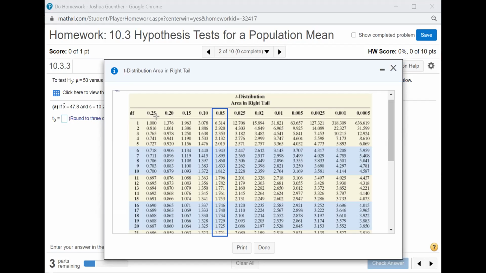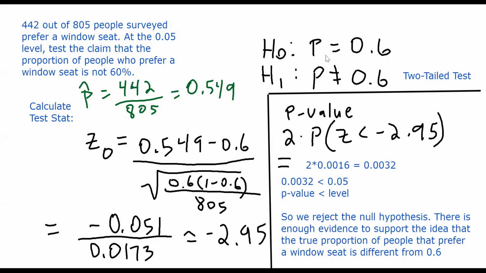Technology can deliver us more results. And then we want 15 degrees of freedom. Oh, that's this row. And so, aha, here's our culprit, the one that's up there. So 1.753 is our critical value in this right-tailed test.